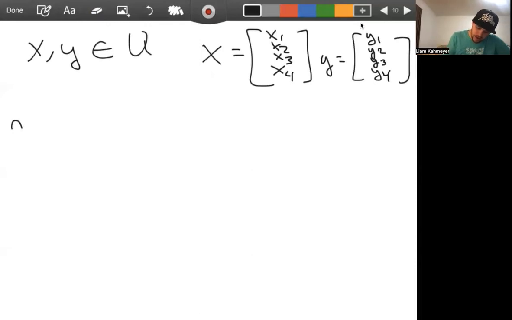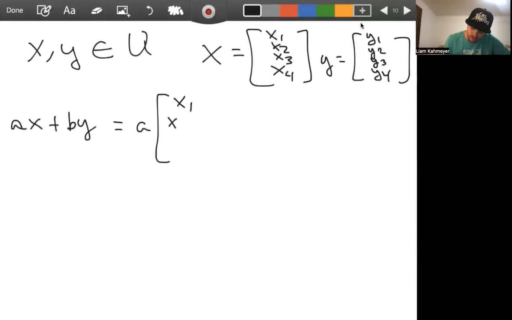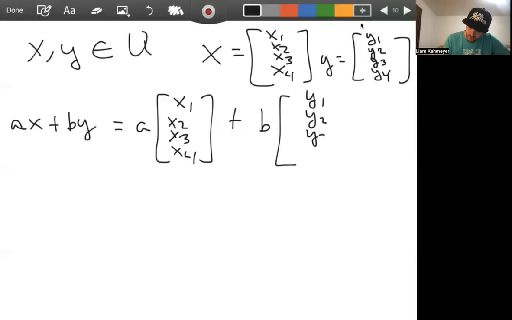Now, let's look at ax plus by. We need to show that this is an element of U for any combination ax plus by here. So what is this equal to? This is equal to a times x1, x2, x3, x4 plus b times y1, y2, y3, y4.